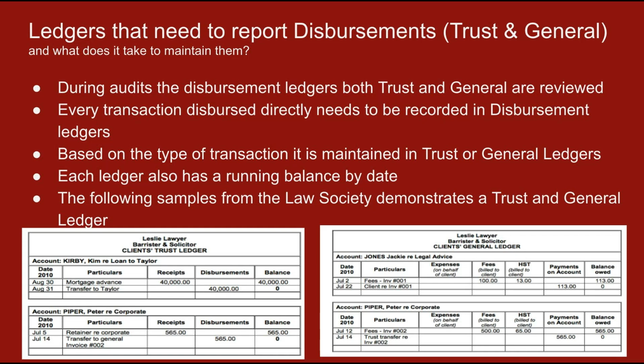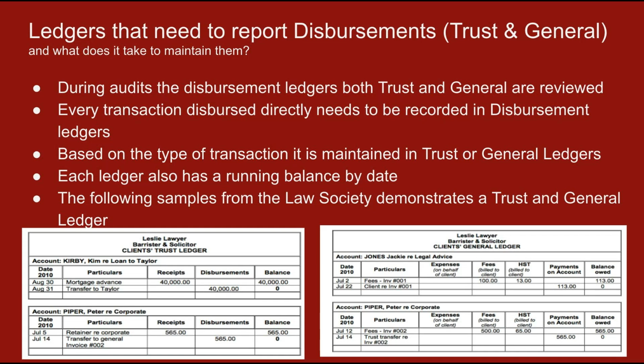It's recorded as either retainer or mortgage advance or any other trust deposit, settlement payment in, settlement payment out, whatever, receipts, disbursements, respectively. There's a running balance. This is what the auditor would like to see, and this is what Law Society would like to see. We want the date on which you receive the money and what is the purpose with the running balance that I can cross-check with your reconciliation statements or your bank statements.